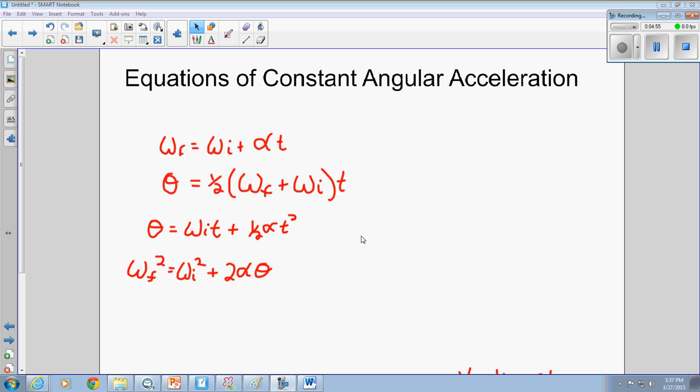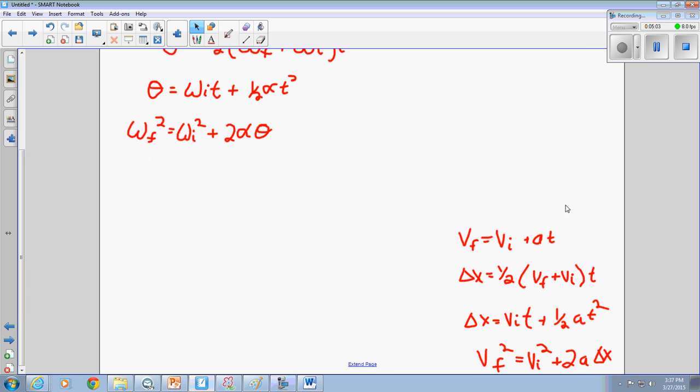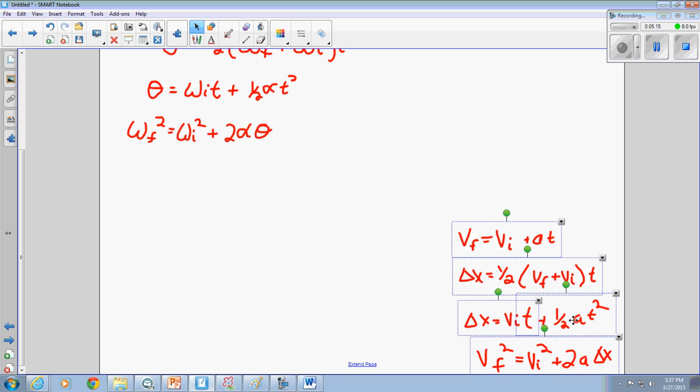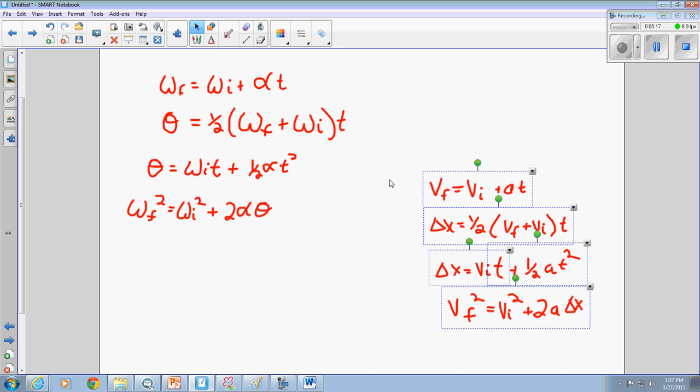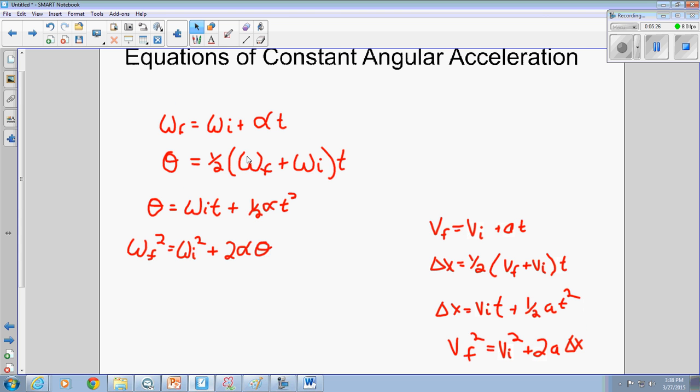If you look at these, they're very similar to the equations of constant translational acceleration. They work the same way. So if you recall how to use these equations, you're going to use these equations the same way when we deal with rotational motion.